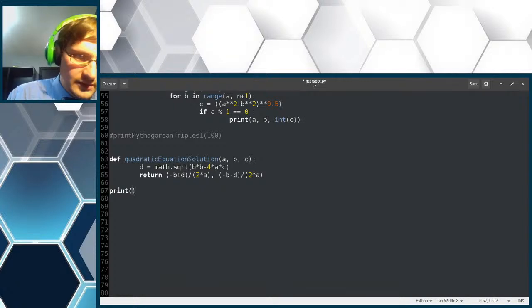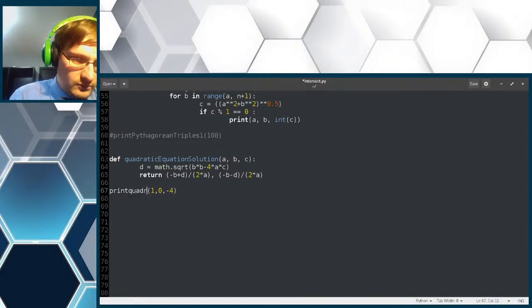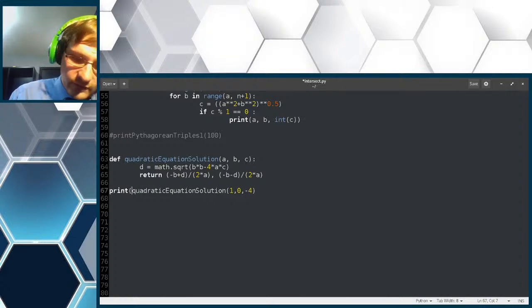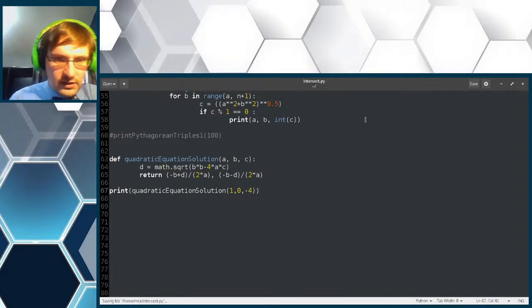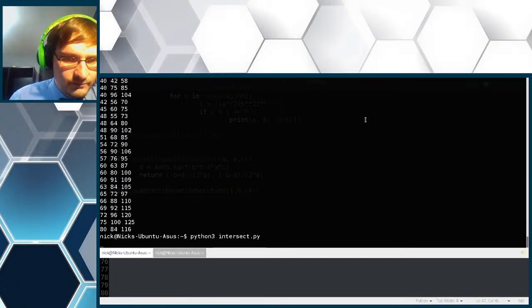If we print the quadratic solution of something simple, like, say, 1, 0, negative 4, which is actually the same function that we used Newton's method on.